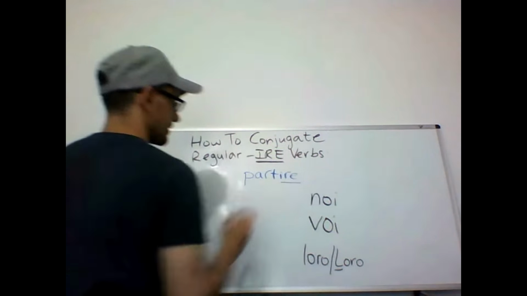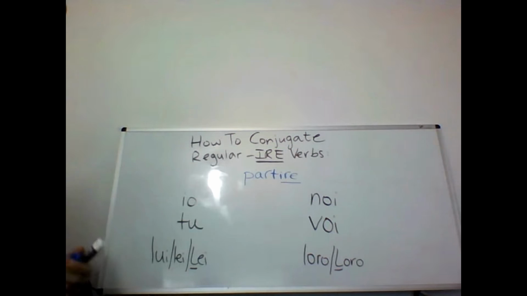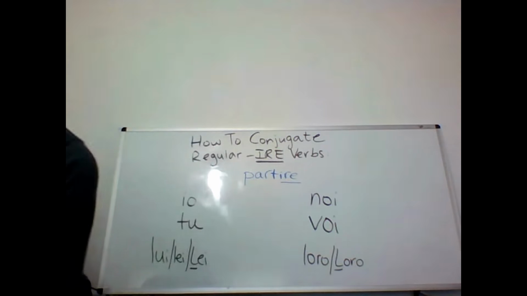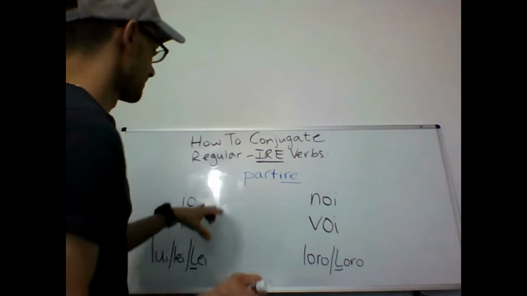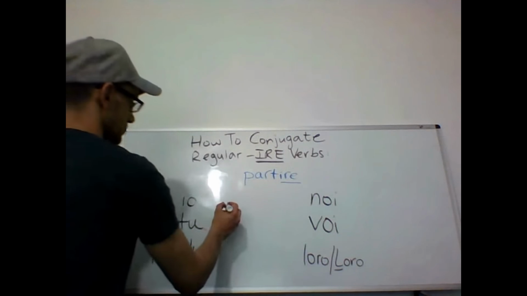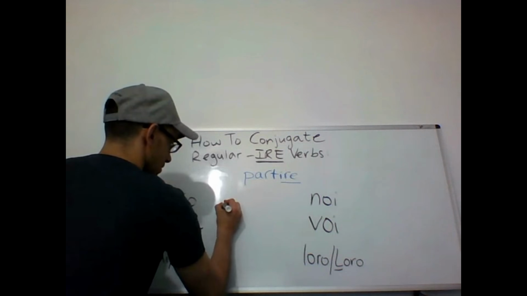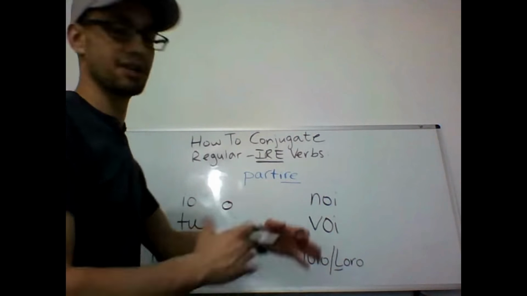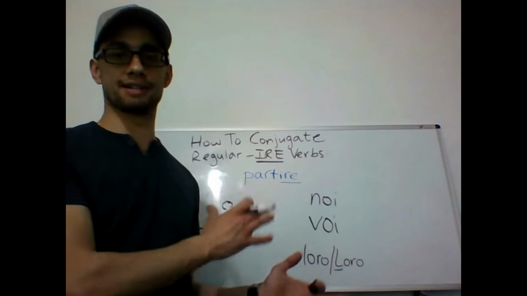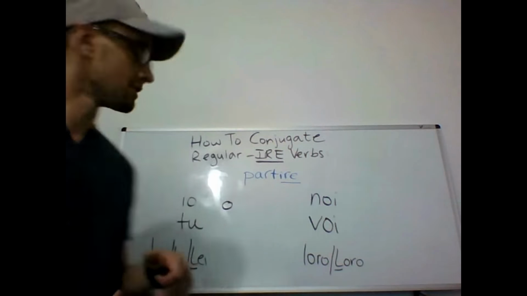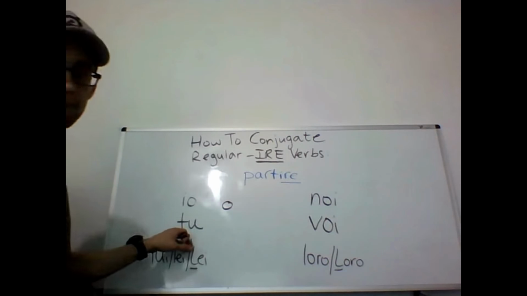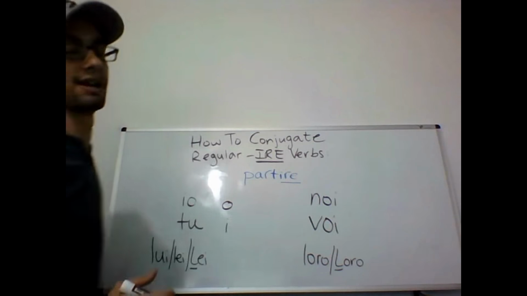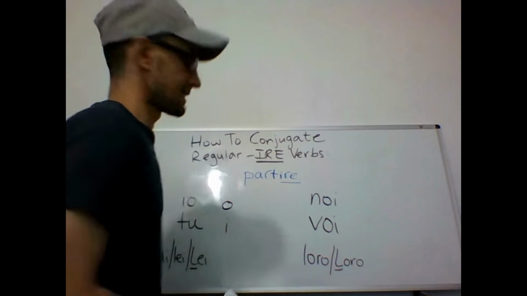Okay. Now, I'm going to show you the endings so that we can basically put this into play. So the first ending in the box for io, it's going to end in an O. And I'll show you what I mean once we get the proper conjugation sorted out. For the tu form, it will end in an I, or pronounced E in Italian.